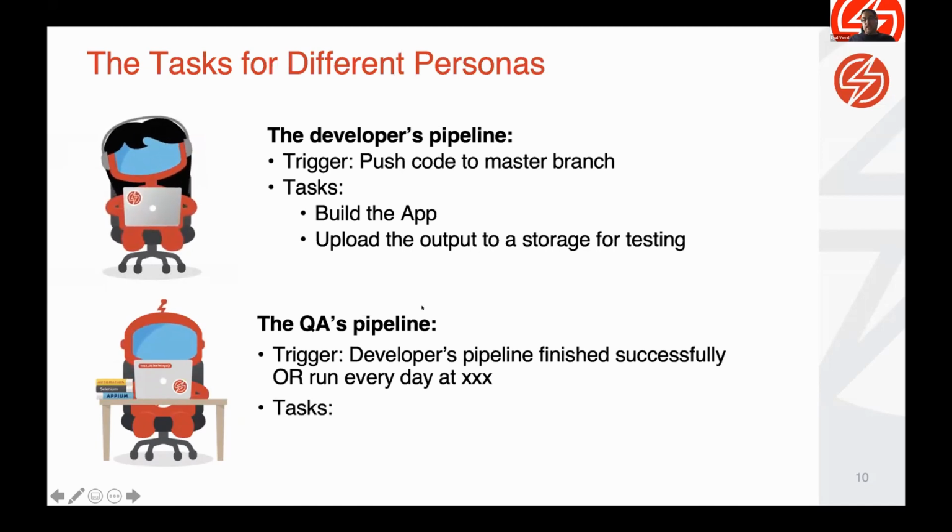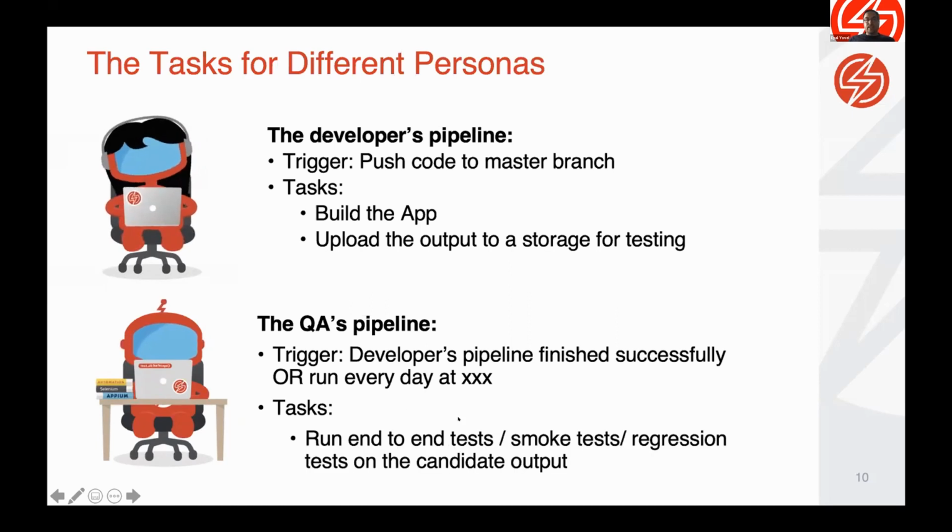The only task that I added for my demo is to run the tests. It can be end-to-end tests, smoke tests, regression tests, name it. So run the tests on the candidate output, on the new applications that were created from the previous pipelines.